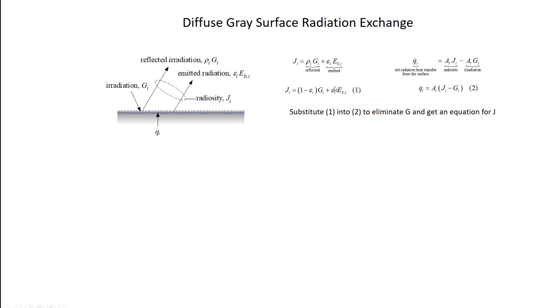So these are two equations. And what I'm going to do next is try to eliminate G. Right, so what I'd really like is an equation that tells me what is the radiosity leaving a surface that's written only in terms of characteristics about that surface, right? So I want the radiosity in terms of things like the emissivity of the surface and how much it's being heated or cooled, and what its black body emissive power is, right?